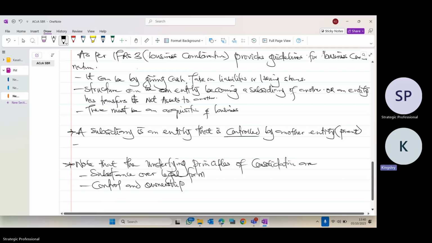When we say substance over legal form, it means when financial transactions are reported based on the economic reality as against the legal reality. Economic reality as against its legal appearance.